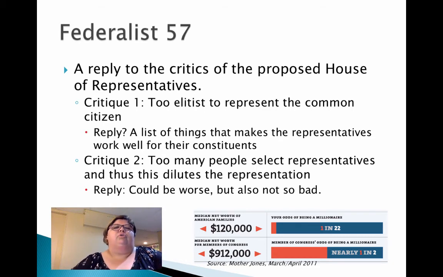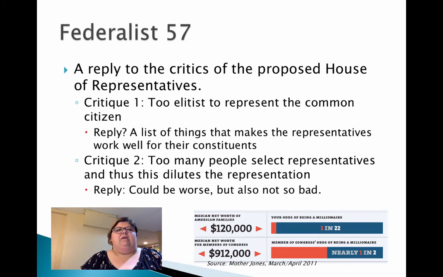First, there was a critique that the House of Representatives would be too elitist to represent the common citizen. And this is dealt with in Federalist 57 in kind of seven different ways, which I'll go through fairly quickly, but I want to highlight some of them for you. One of them is that it's hard to say something is elitist when they are actually chosen by the people.